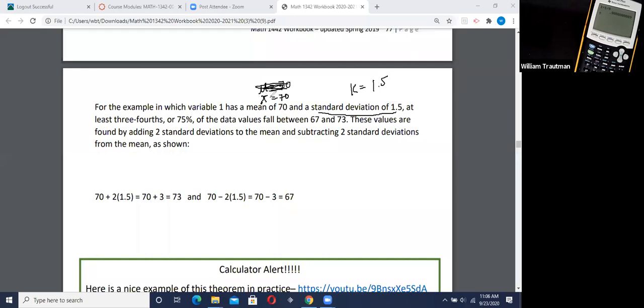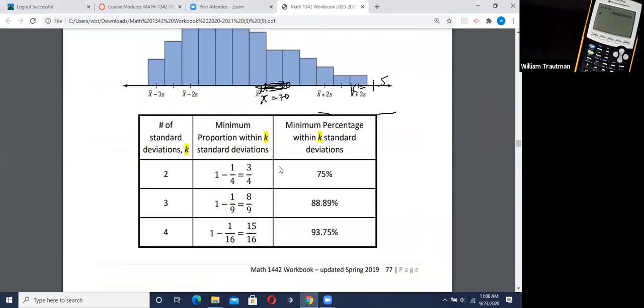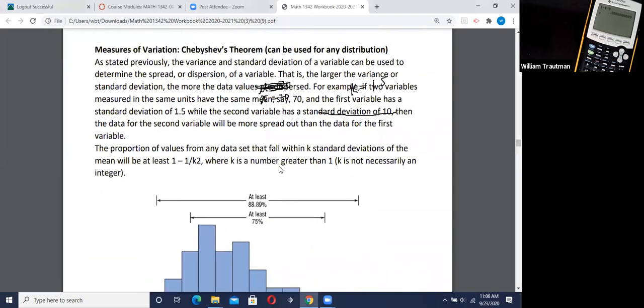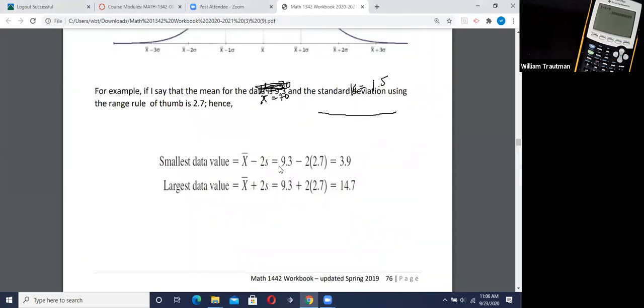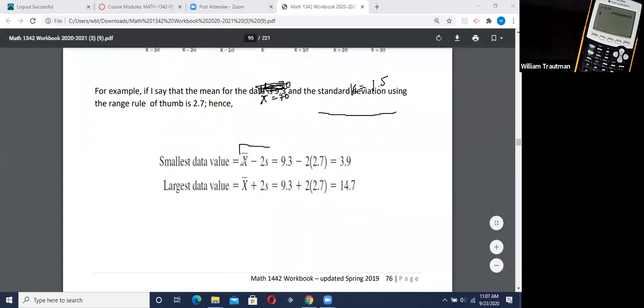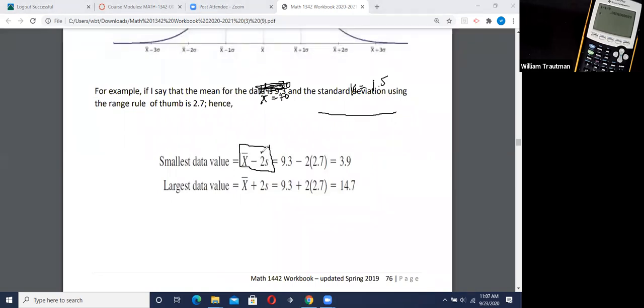And they show you where your data falls within the range. And here's that one formula that they give us. Oh, it's at the top. Let's look at that formula again. Here's the formula. The smallest data is the average minus 2 times the standard deviation.